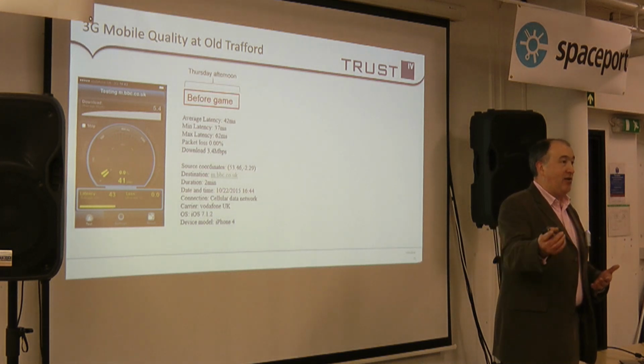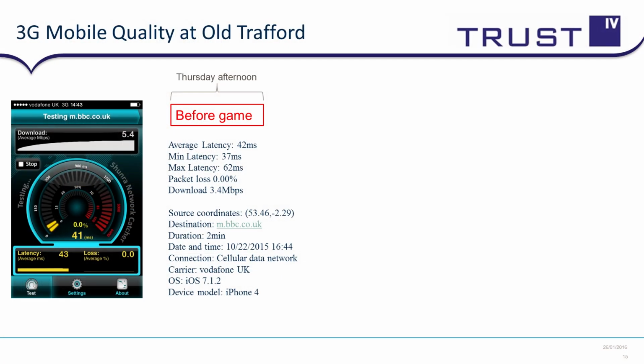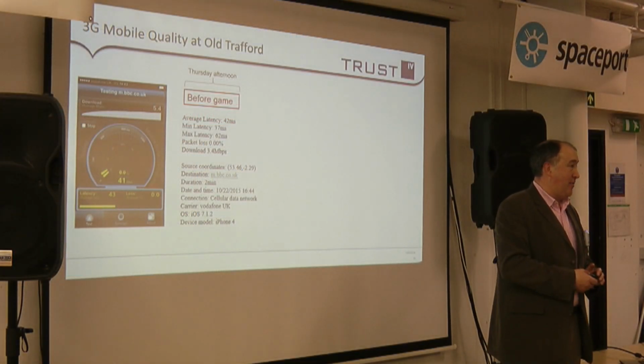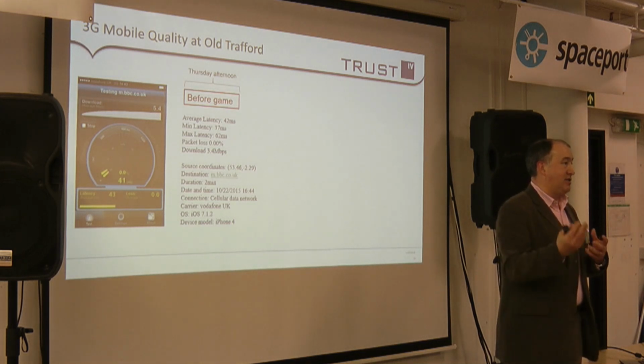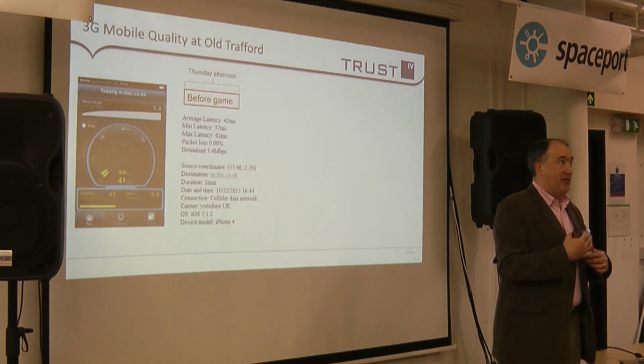So you time how long it takes to get to a particular site, and in this case we were using the BBC's website because we thought that it's big, it's got a lot of users, it's generally fairly reliable, so let's just use that as our test site. But you can obviously pick whichever site you want. And basically the app goes to the site, downloads as much as it can from it, and times how long it takes, and also measures how the network behaves.